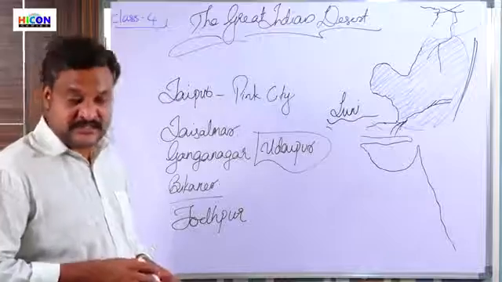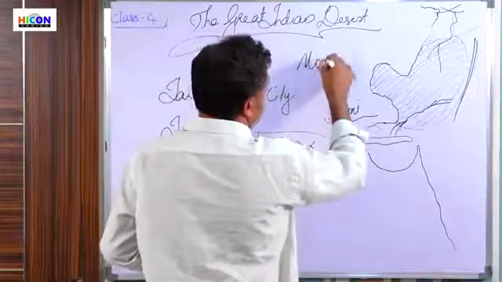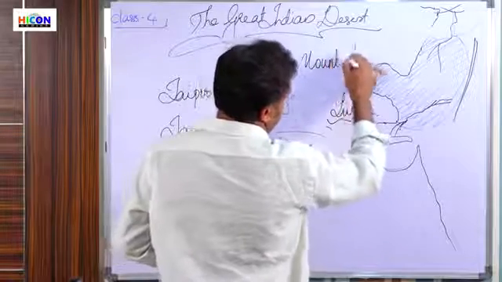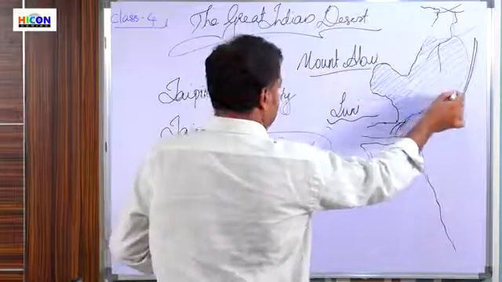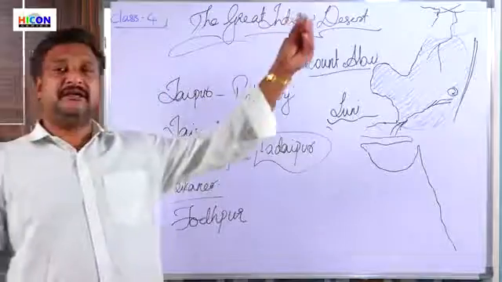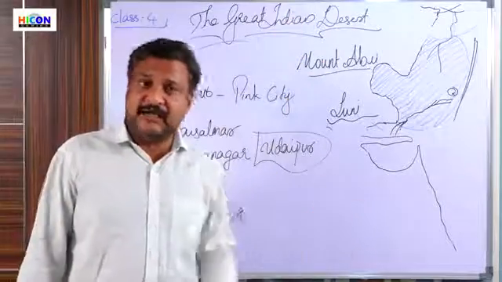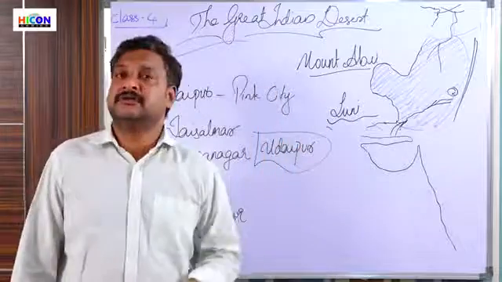And there is a hill station also in the Thar desert region. There is a hill station that is known as Mount Abu. Somewhere here we have Mount Abu. It's not that high a hilly region, but comparatively it's a cooler region than the remaining part of Rajasthan.